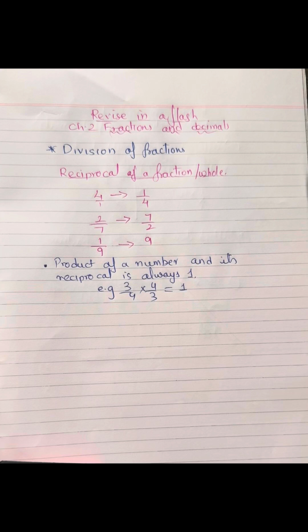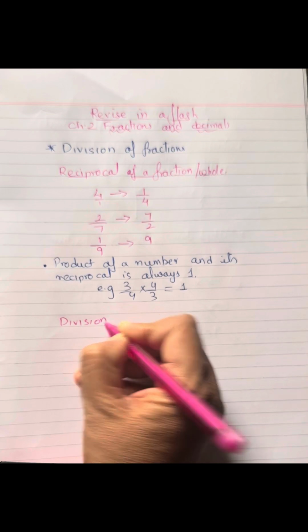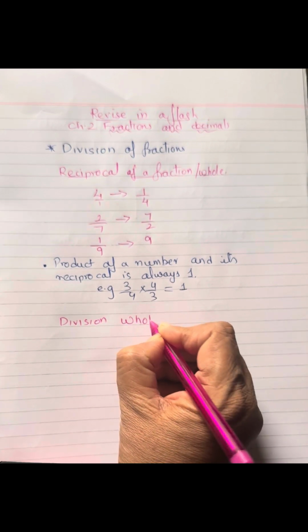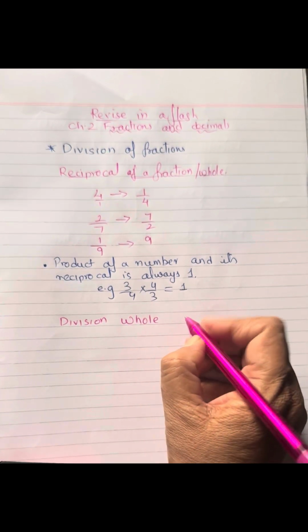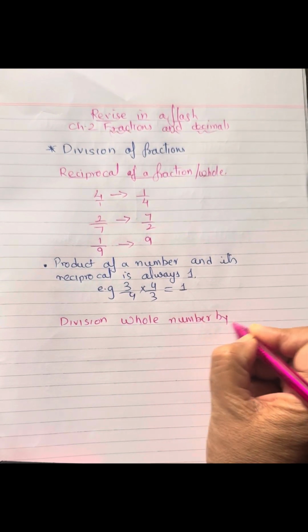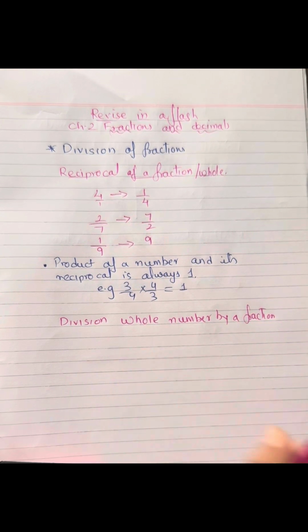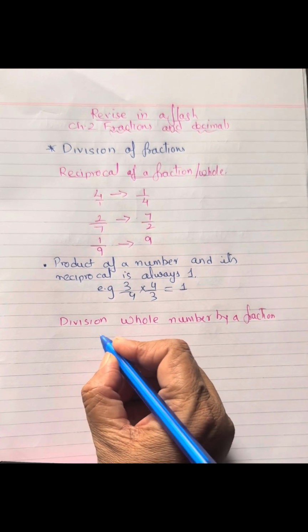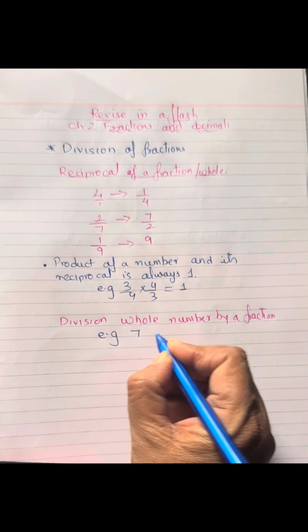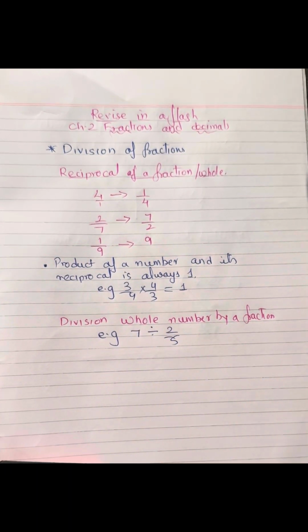Right? Now let us go further and understand division of a whole number by a fractional number. Let us understand it through an example. Suppose you have to divide 7 by 2 upon 5. 7 is a whole number and 2 upon 5 is a fractional number.